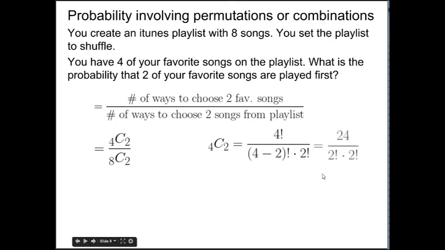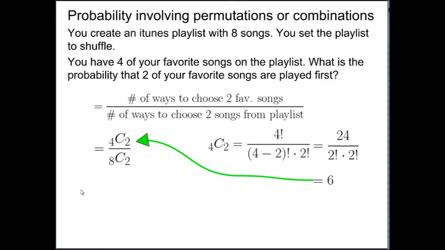And 4 factorial is equal to 24. That's 4 times 3 times 2 times 1. Now I can do 2 factorial times 2 factorial, and that's going to be 4 on the bottom. So we do 24 divided by 4, and we get 6. Now I want to plug this 6 in for the 4 choose 2.